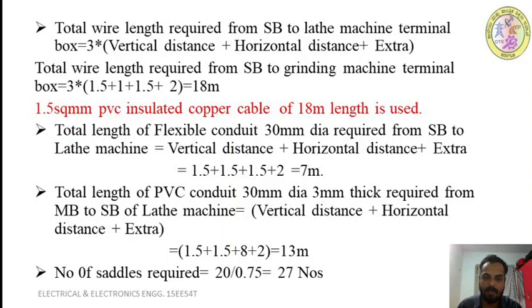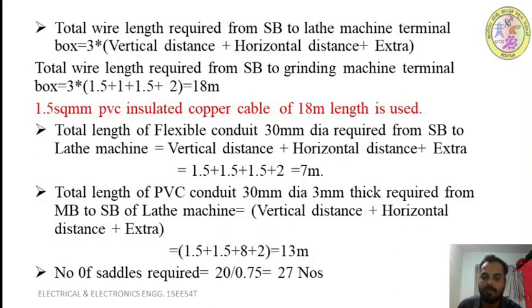Next we have to calculate total length of flexible conduit 30 mm dia required from starter board of lathe machine to the lathe machine terminals, which is equal to vertical distance plus horizontal distance plus extra. So that is 1.5 meter vertical drop, 1.5 meter vertical rise plus 1.5 meter horizontal distance plus 2 meter for extra.